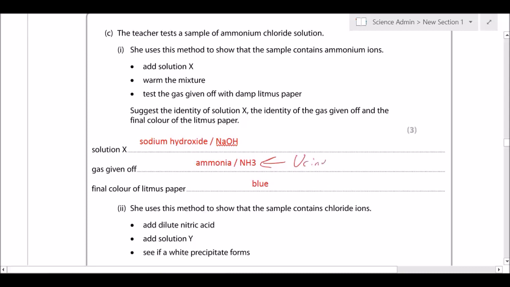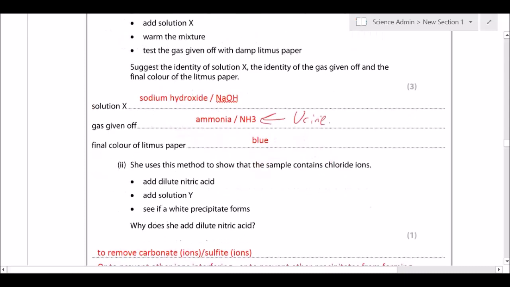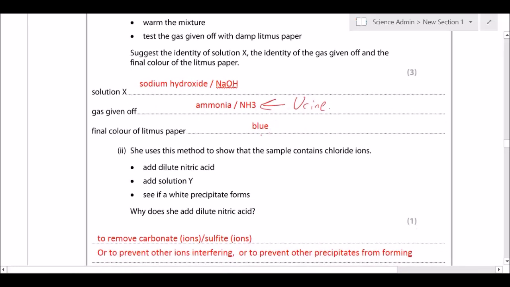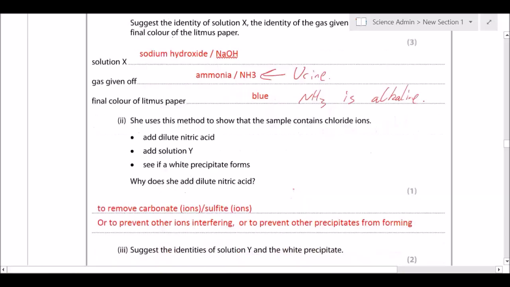It smells like urine or cat pee. So that's ammonia, and the colour of the litmus paper is blue, because your red litmus would turn blue since ammonia NH3 is alkaline or basic.